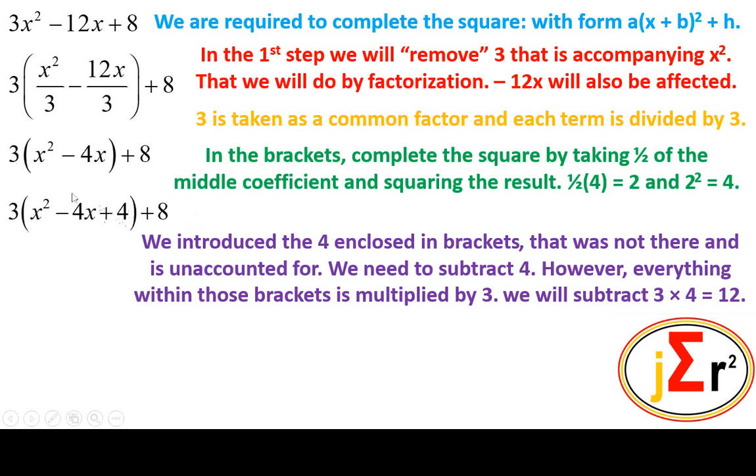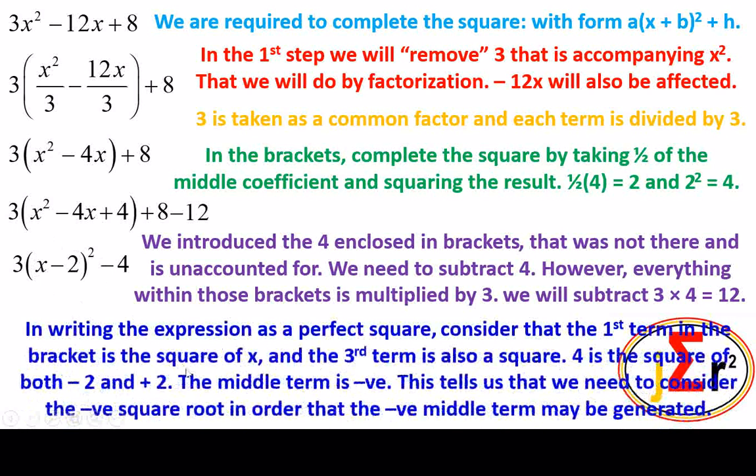However, it is inside of the brackets, and everything inside of this bracket is multiplied by 3. Therefore, we have not just introduced 4, but because it is multiplied by 3, we have introduced 12. Therefore, we need to subtract 12. And there we are, subtracting 12 in order to compensate for this 4 that was added, which was eventually multiplied by 3. Now we have a perfect square.